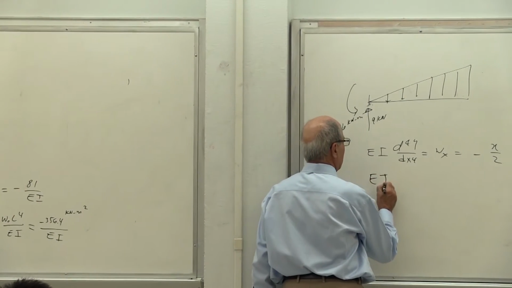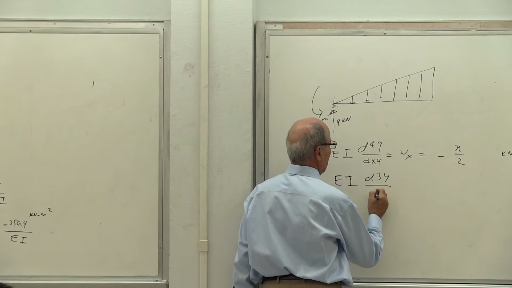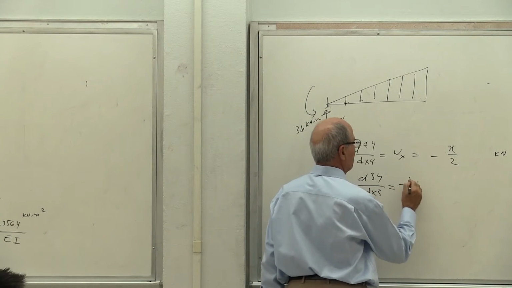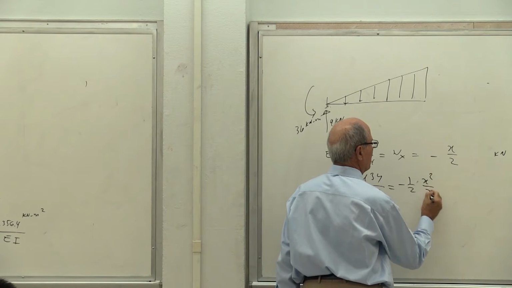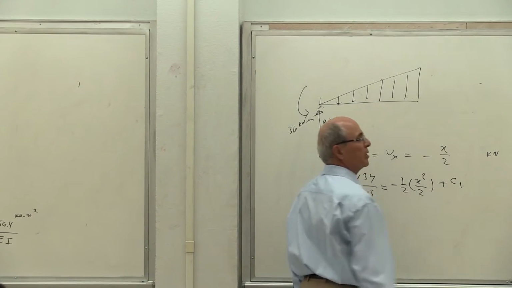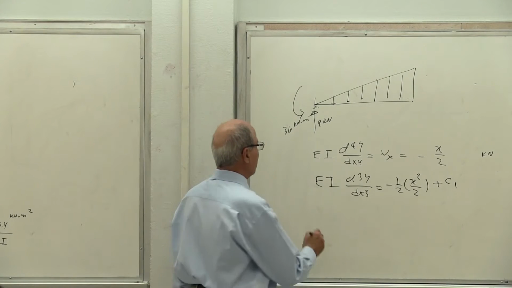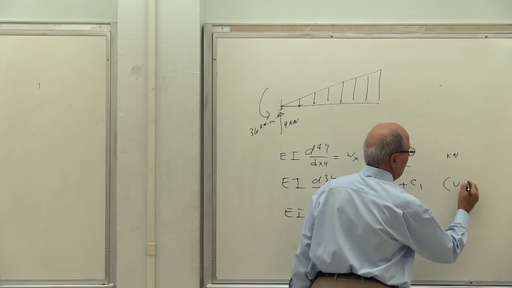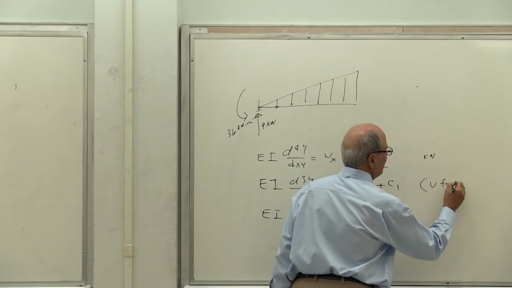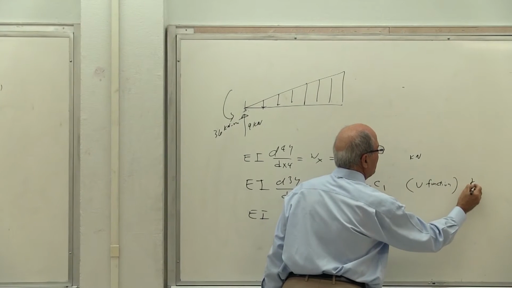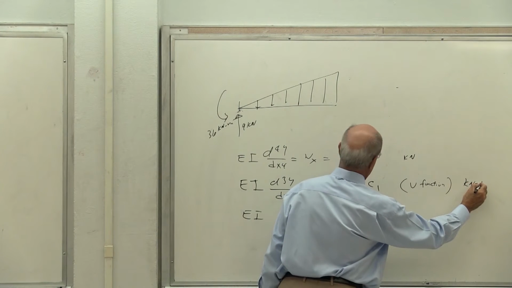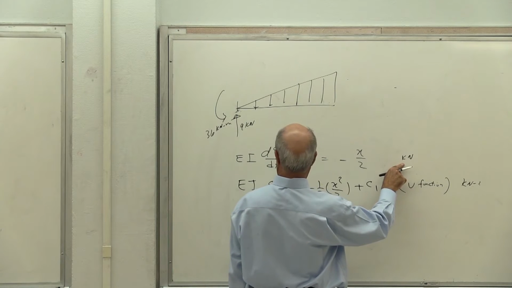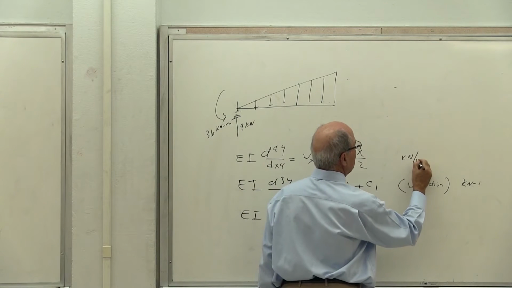EI. Come on, guys, we have to go a little bit faster. EI d3y by dx3 equal to minus 1/2 x squared plus C1. Then EI times that is the shear function. So the unit is kilonewton. No, I'm sorry, that was W, which is kilonewton per meter.